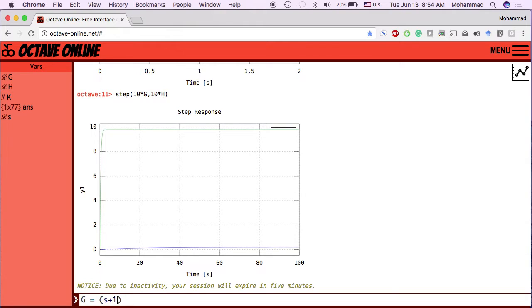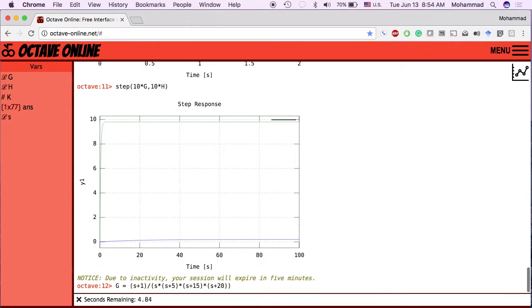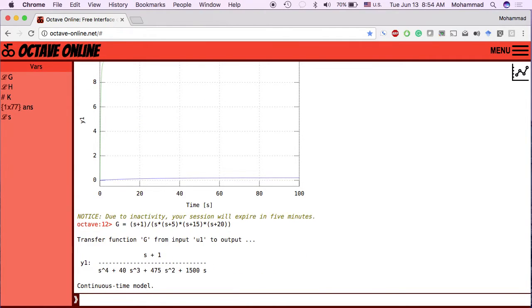So let's go ahead and define the transfer function. So this is our transfer function.